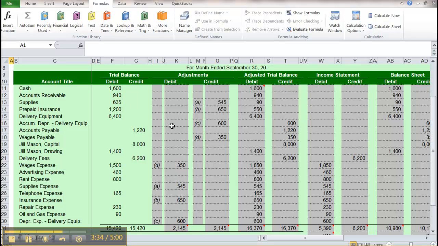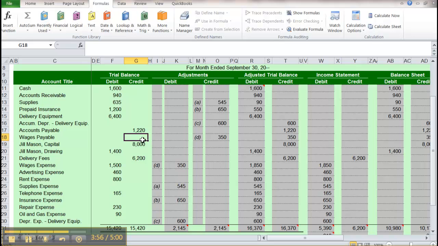Then with our accumulated depreciation, there was nothing in there, so it's like having 0 plus a $600 credit, which gives us a new balance of $600. Same with accounts payable. We had $1,220, no adjustment, so we have our same credit balance.